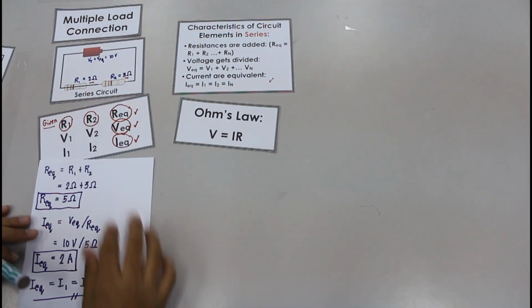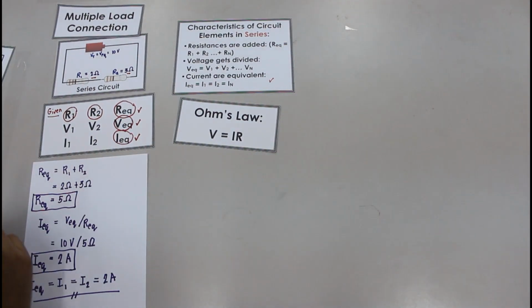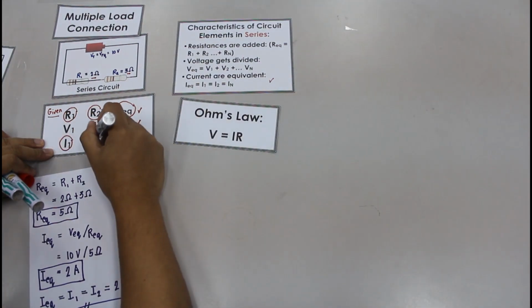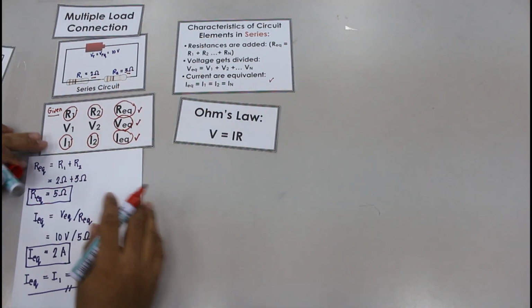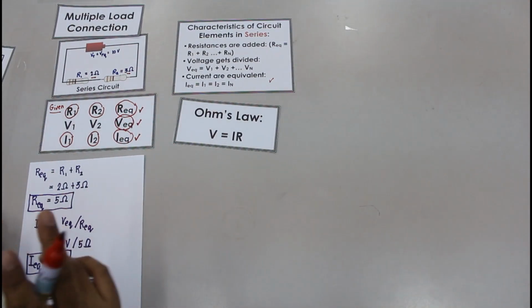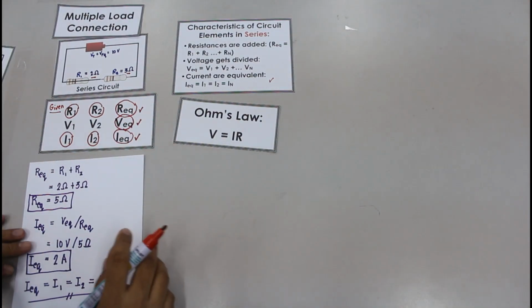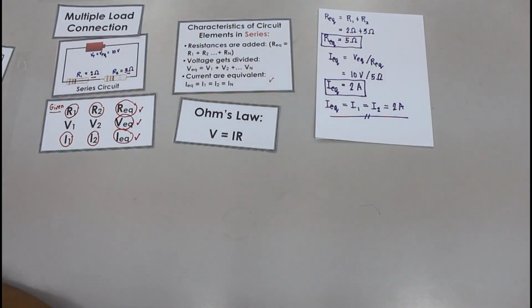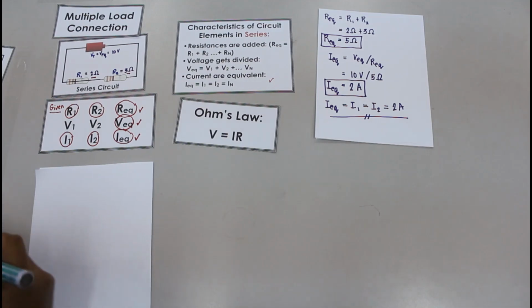That means, in our guide, we can encircle 2 more of what we are to solve, I1 and I2. From our guide, we can note that there are 2 remaining values that we are about to solve. Those values are for V1 and V2.